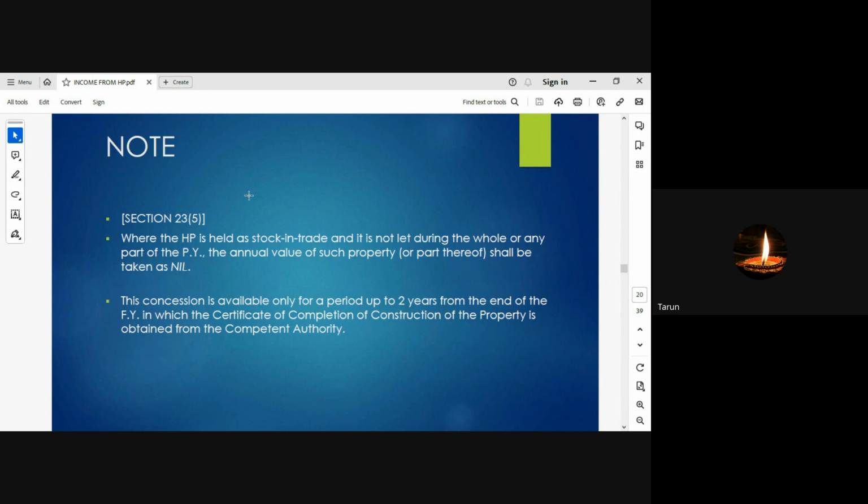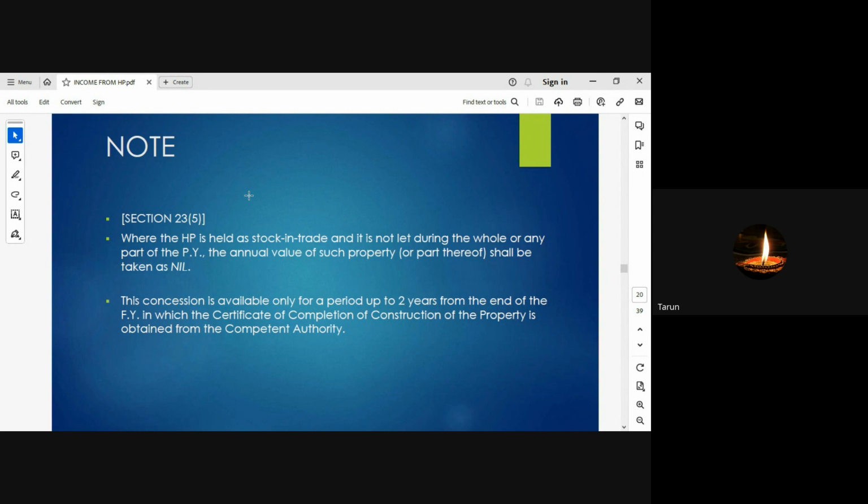Next, this concession is available. The question is about rent concession only for a period up to 2 years from the end of the financial year in which the certificate of completion of construction of the property is obtained from the competent authority.